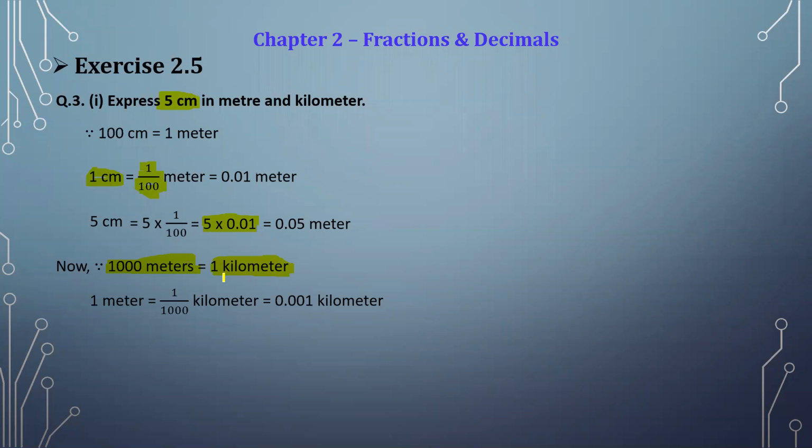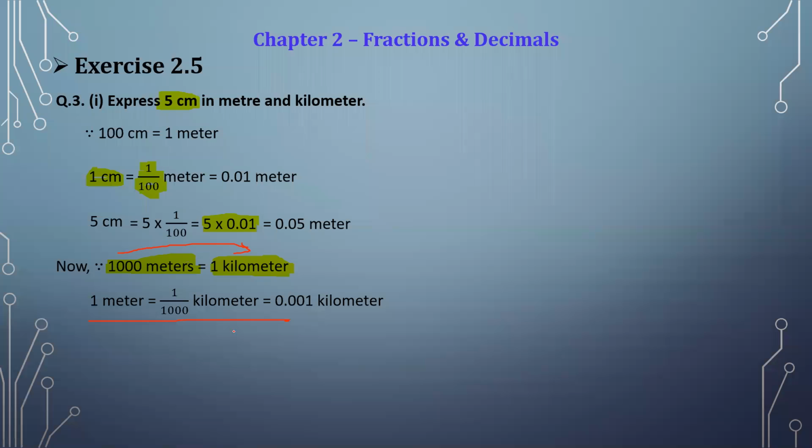We transfer the 1000 to the other side, and we get 1 meter is equal to 1 upon 1000 kilometer. If we divide 1 by 1000, we get 0.001.